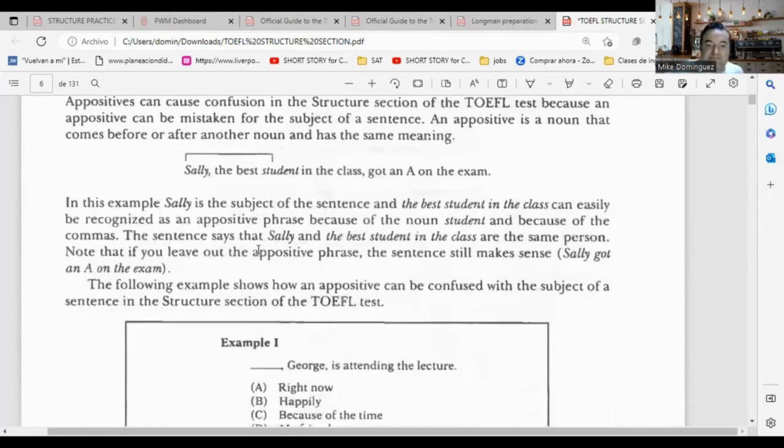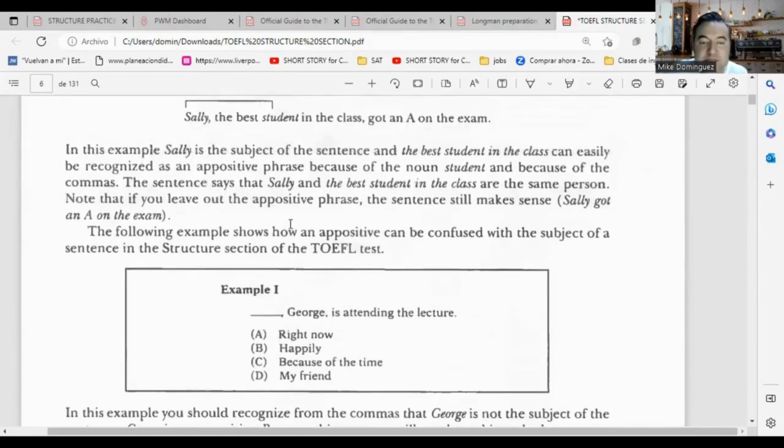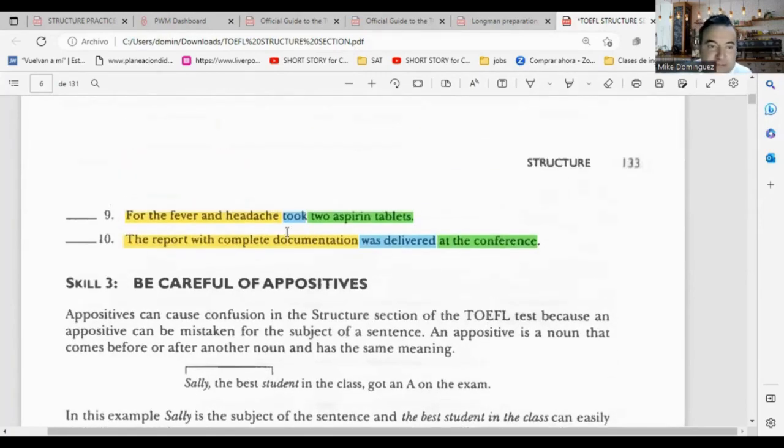I have a question in number 9. The format is subject, verb, and complement. But in number 9, for the fever and headache, we have a subject. So if we add he or she, there is another subject. So we're not following the format?